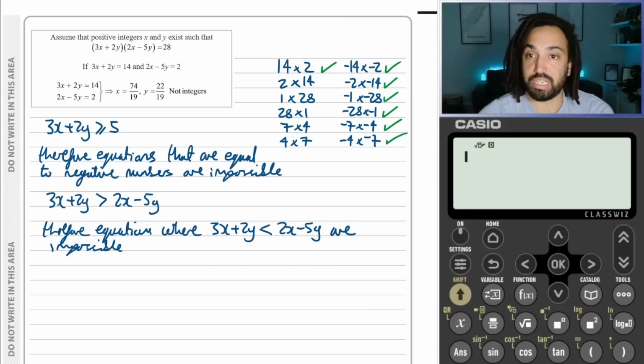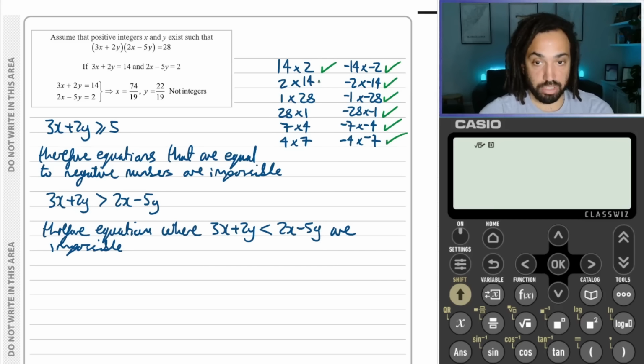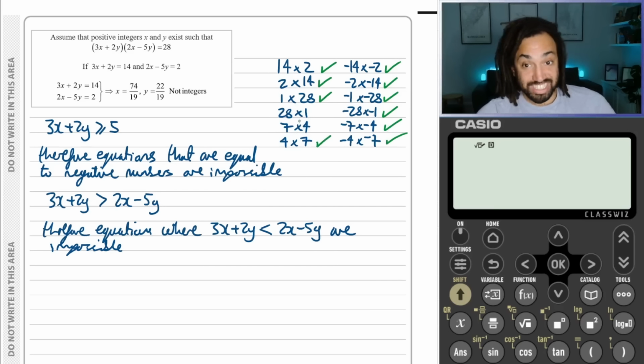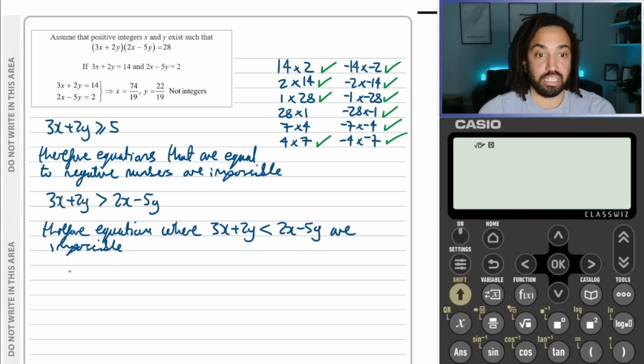So we can get rid of this one, because this left number represents the left bracket and we need that one to be bigger. Get rid of that one and this one. So in fact it's just these two that we need to check.